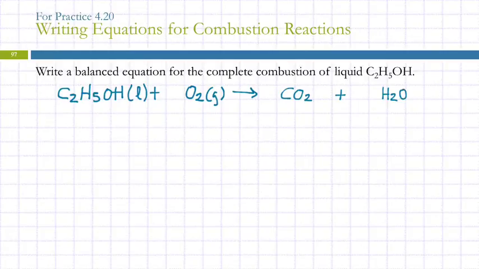It's combusting. What's our best guess as to the temperature of the products? Hot or cold, or room temperature? Hot. So let's assign the states based on what we can deduce about the temperature. What's the state of carbon dioxide when it's hot? It's a gas. It's a gas even when it's cool. How about water?